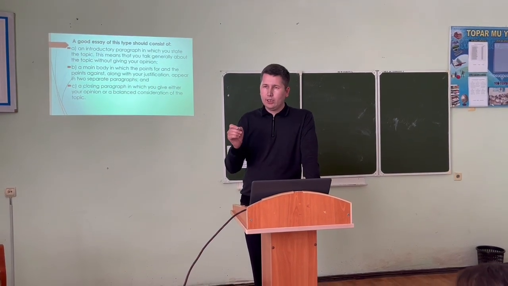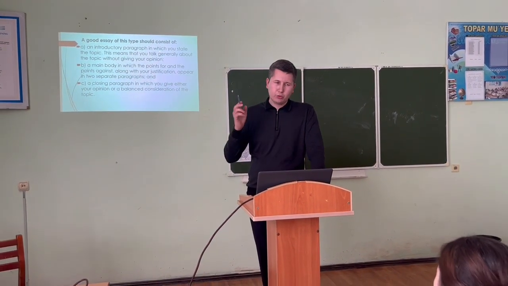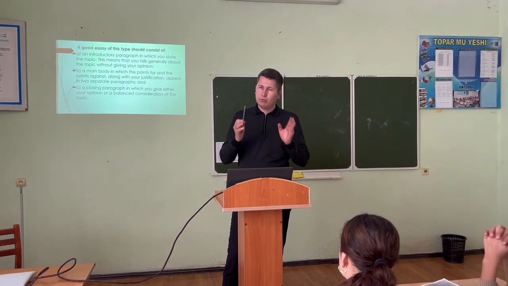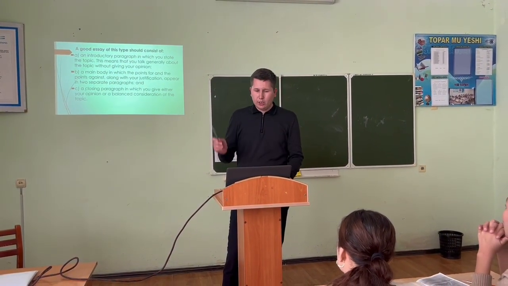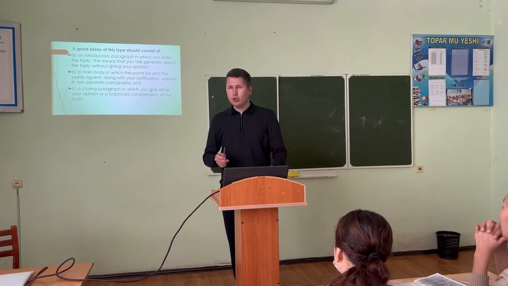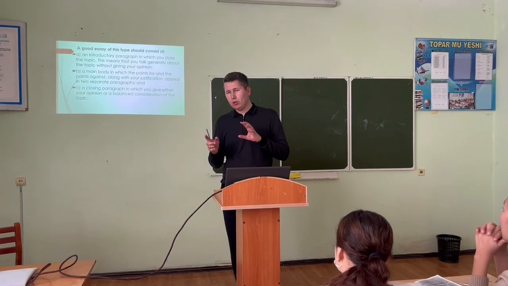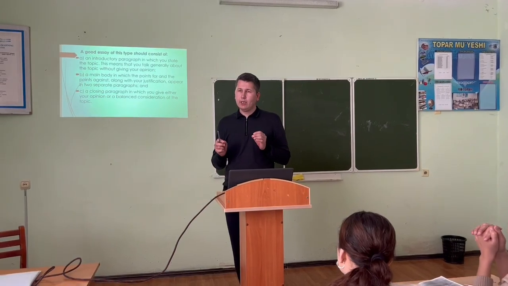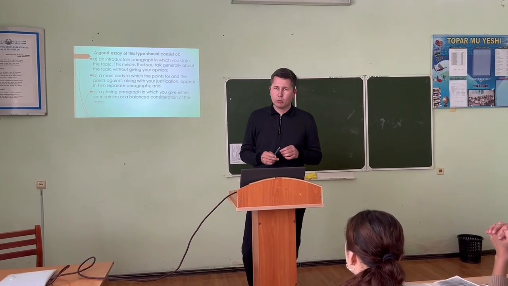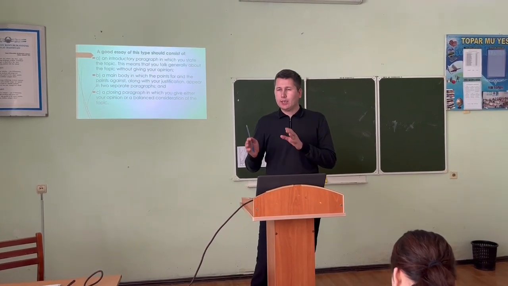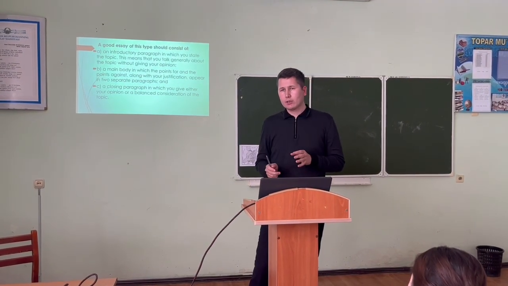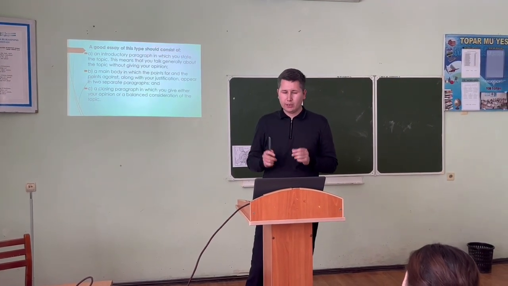In the main body we write the advantages and disadvantages of the given topic. You may give some information, and you should justify or give examples of why you say this as an against or a for side.